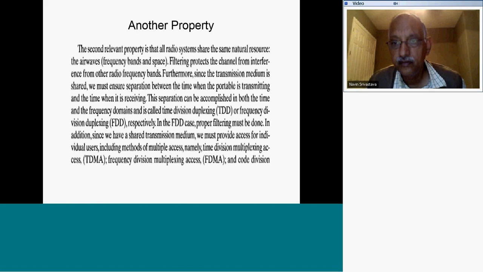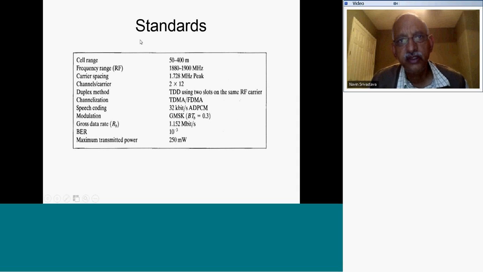Okay, and this is a very important point about this course, which is known as the standards. Standard means that, as I have said, we are going to study for this course what is known as DECT. Full form of DECT is digitally enhanced cordless telephone. So we will be studying this DECT standard, which says that the cell range should be 50 to 400 meters.